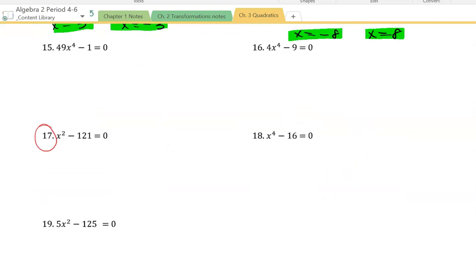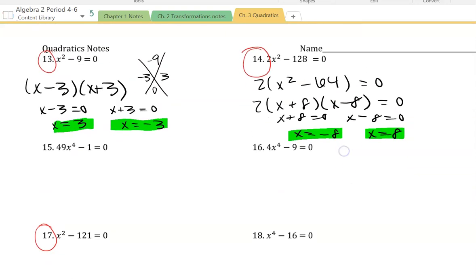Last but not least, I would actually like to try number 16, but we're going to pretend instead of a 4 here that it's a 2. Okay. Last thing. The reason I want to do this one is because the number you see in front is not just x squared, and there's no GCF.